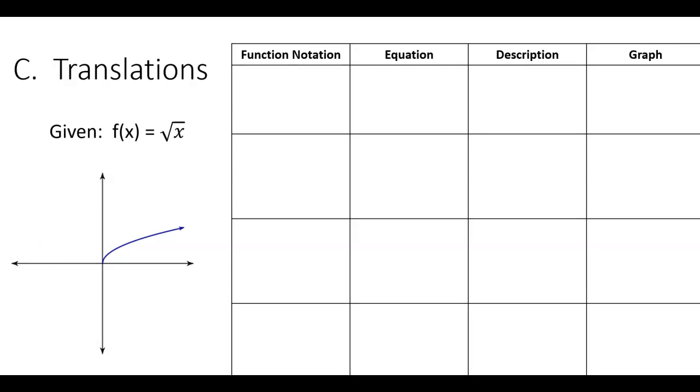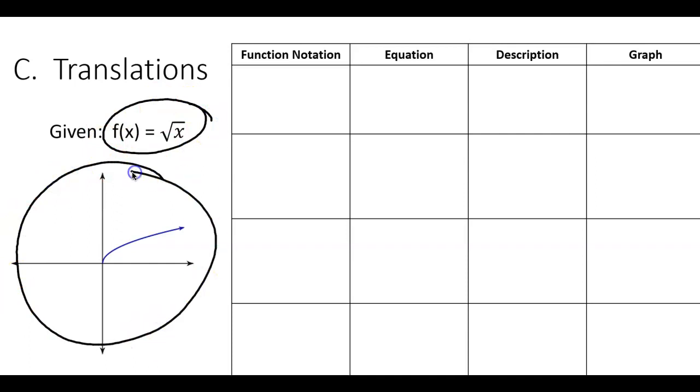So here's my function, and here's the graph of that function. One of the things that we looked at yesterday is what happens when you take your function and you add a number to it. Well, what we found it did was it translates it up. So if you added 2 to your function, every point would go up 2 spaces.